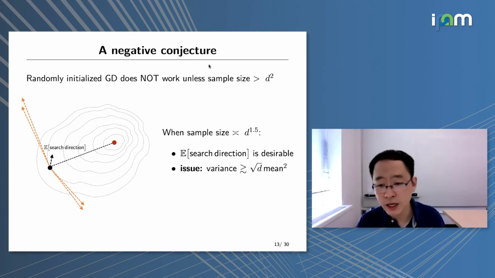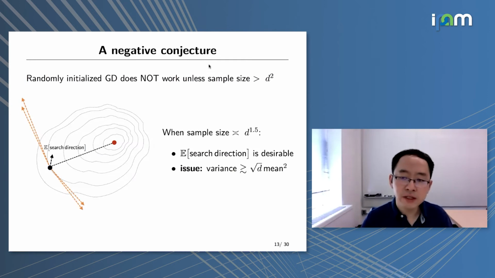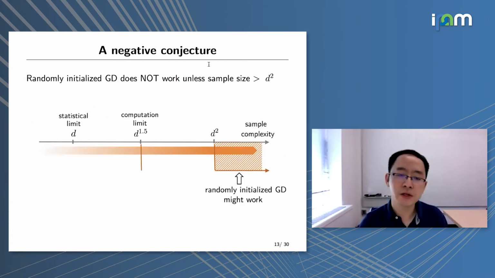In the matrix case, even though you also have variance, the variance is well controlled by the mean square. And this can be reduced if the sample size exceeds d squared. So if you have many more samples than the computational limit, things are fine. Variance becomes well controlled. That's why your algorithm starts to work. Let me put everything back to this picture.